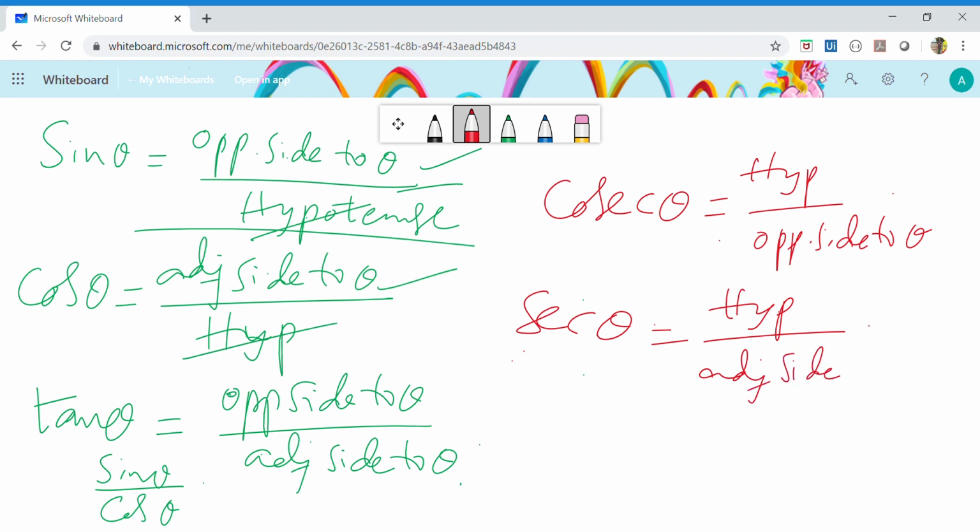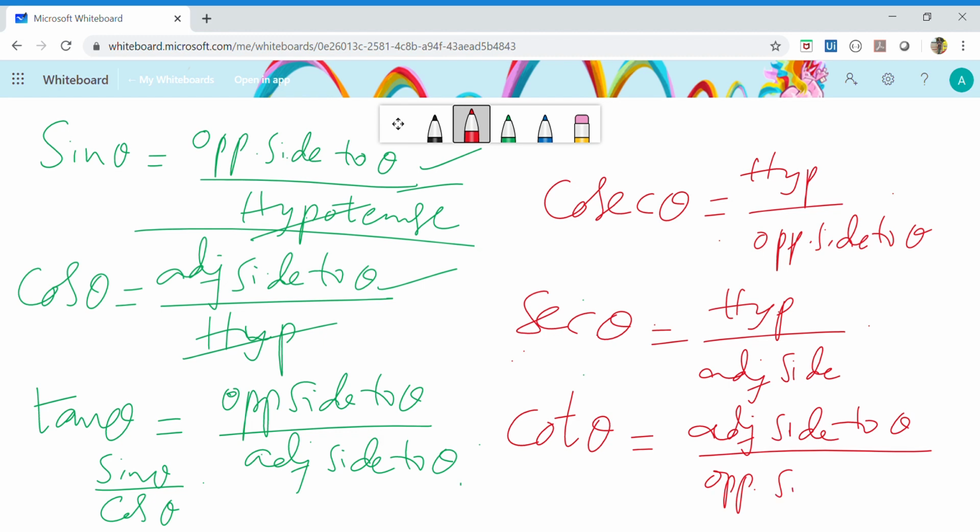And cot theta, cotangent theta, is nothing but adjacent side to theta by opposite side to theta, or cos theta by sin theta.